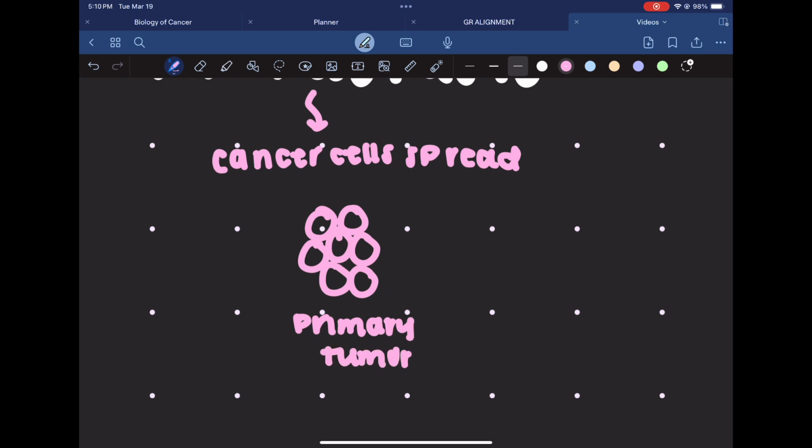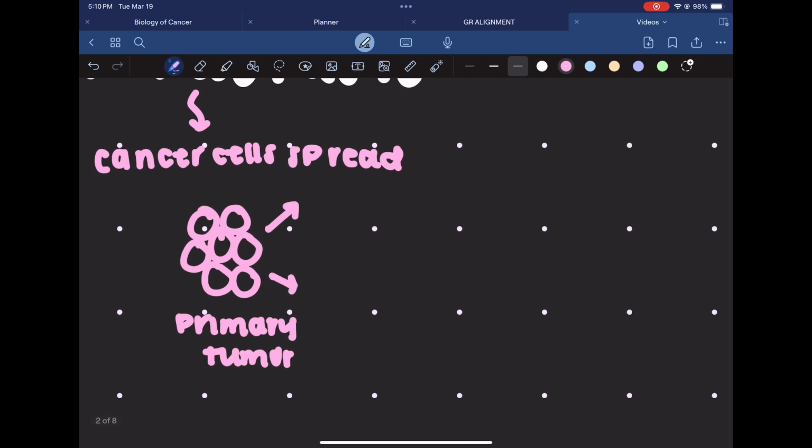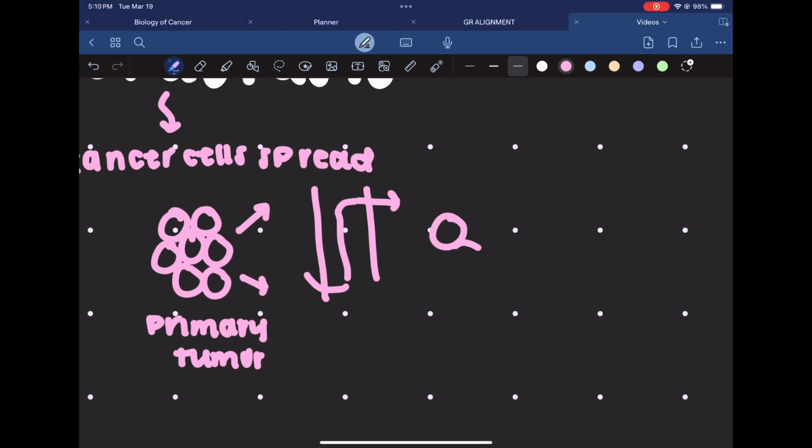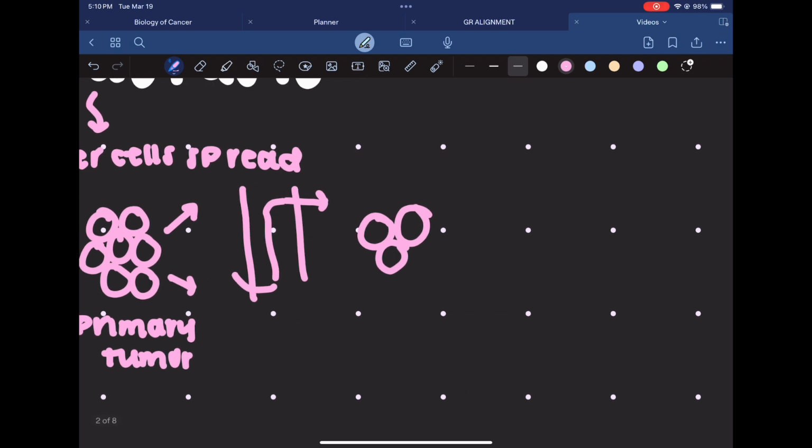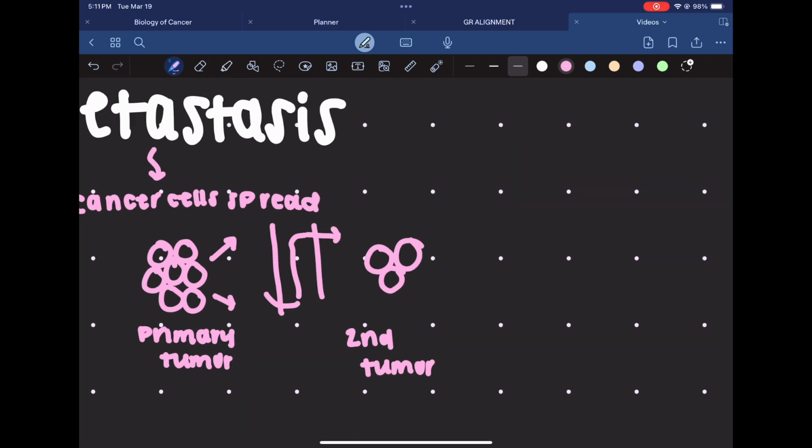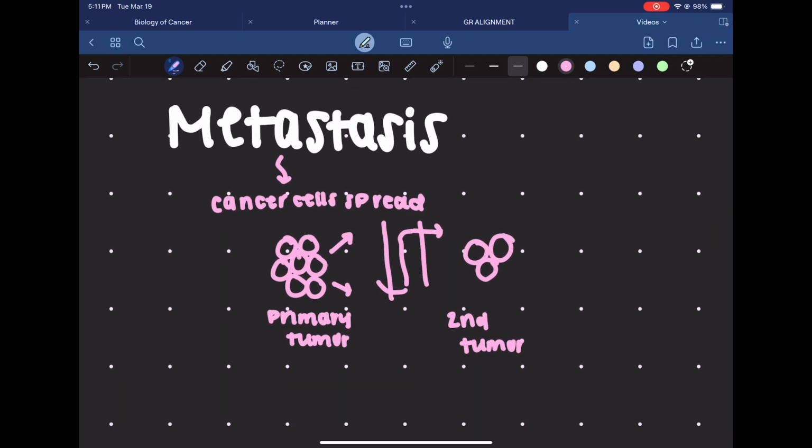And metastasis is when these cells break off. They enter the bloodstream, travel along to a new area, exit the bloodstream, and then reestablish in a new area. And this is our second tumor in the body. Right, so that's what metastasis is.